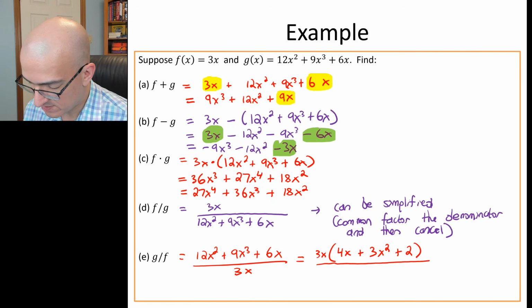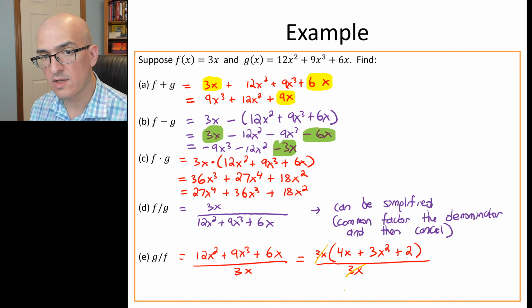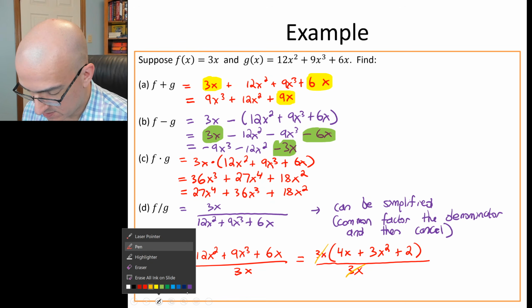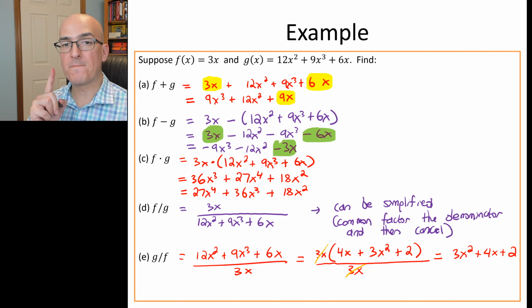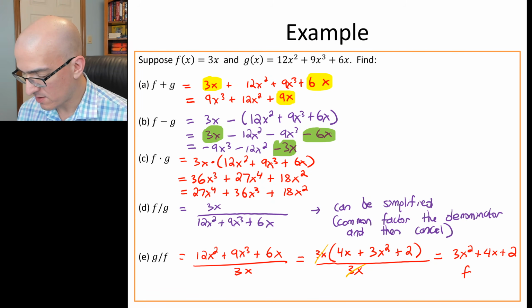Now we still have that division by 3x. Now I'm going to do a cancellation. And the trick is that this does equal 3x squared plus 4x plus 2, but x not equal to 0.